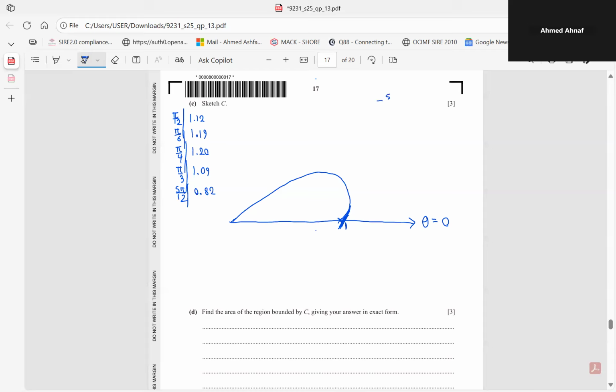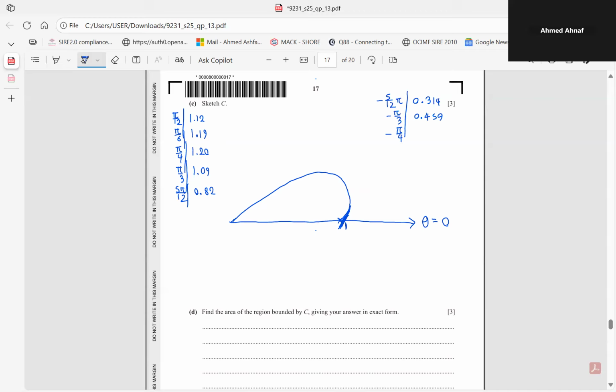So negative π/12, you get 0.314, and then negative π/3, you get 0.459, and then negative π/4. Just to be safe, do as many values.